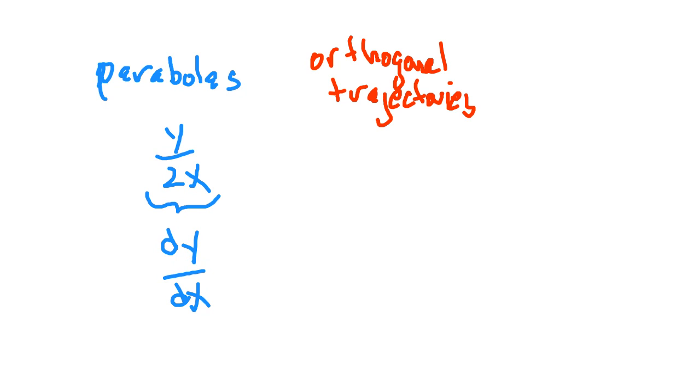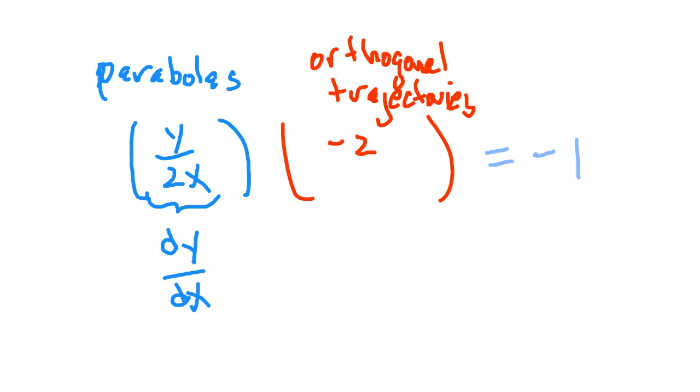Now, the y over 2x is a slope. We're looking for the slope of the orthogonal trajectories such that the product will equal -1. Well, the only thing that would work would be -2x over y. And so for the orthogonal trajectories, dy dx equals -2x over y.